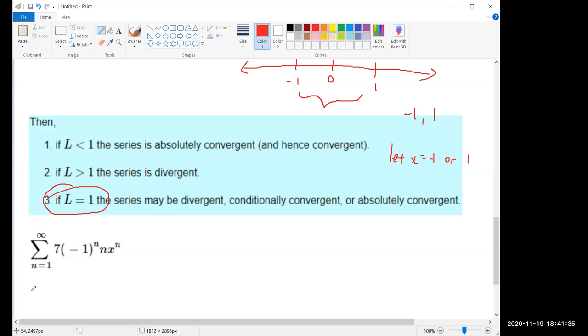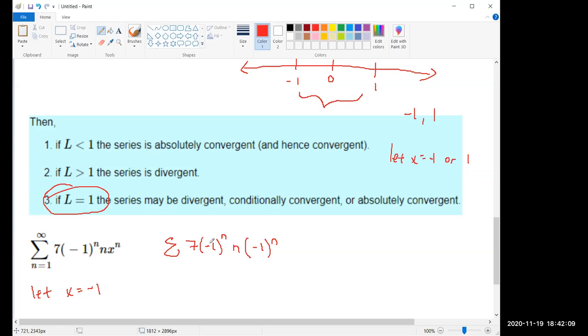So if we let x equal, say, -1, we will get the following series. This will be 7 to the nth power times n to the nth power. So this is the series you get if you let x equal -1.